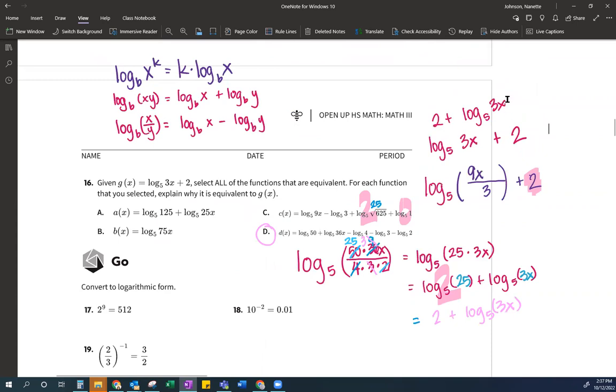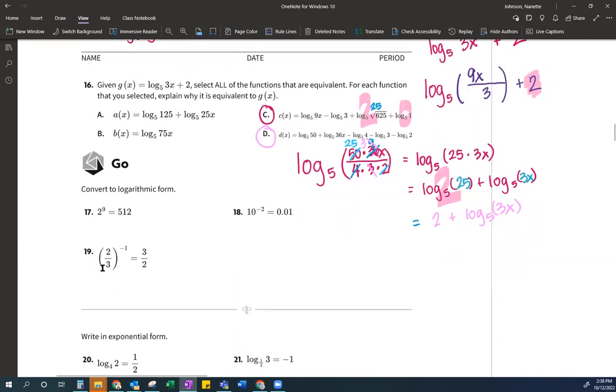You tell me, looking at this and this, are they equivalent? Yeah, it is, because it's exactly the same. It says log base 5 of 3x plus 2, plus 2, plus 2. Done. Okay. So for this one, first of all, is it true? The answer is yes, it's true.